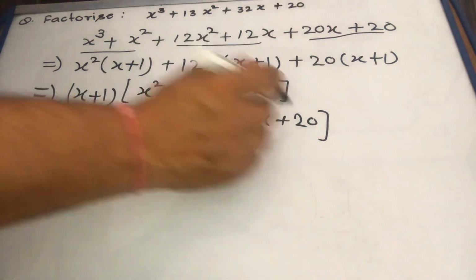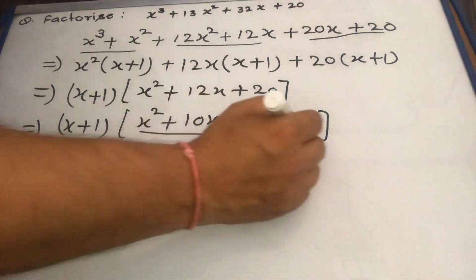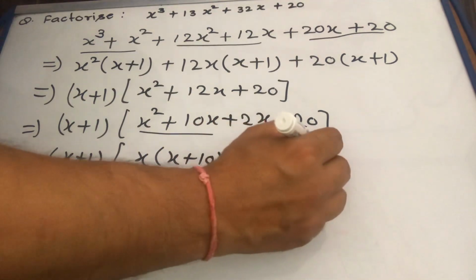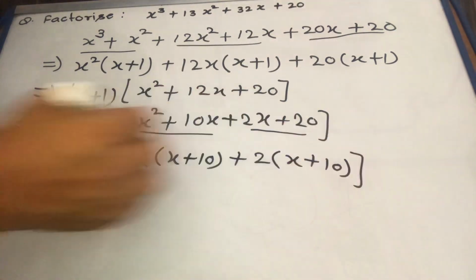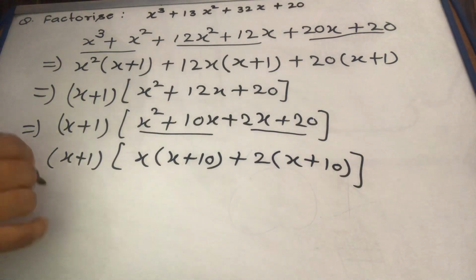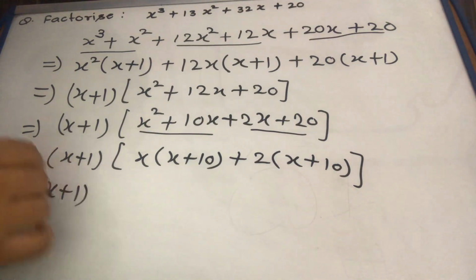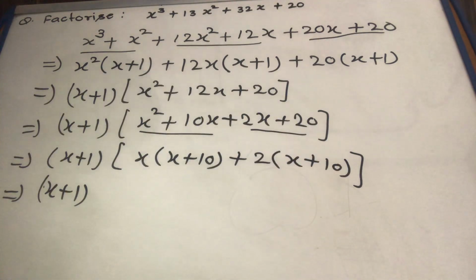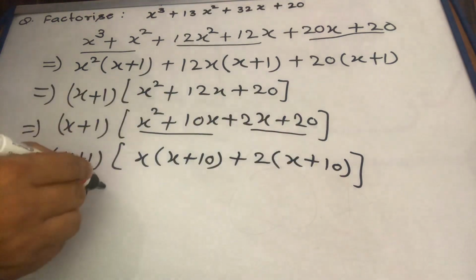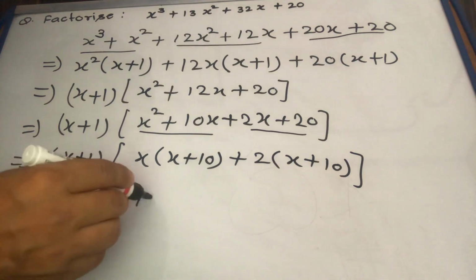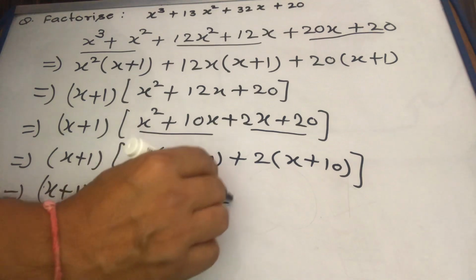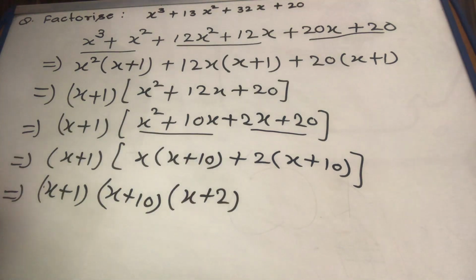And what is common in the last two terms? Only 2. So dear, you will get x plus 10 once again. Very nice. Now x plus 10 is common once again in these two terms. So you take x plus 10 common, and you will get x plus 2 as the remaining.